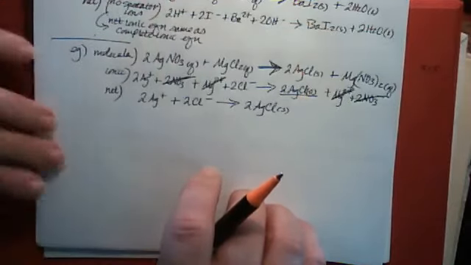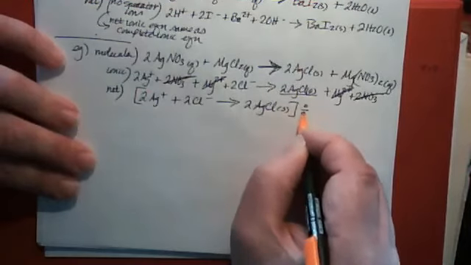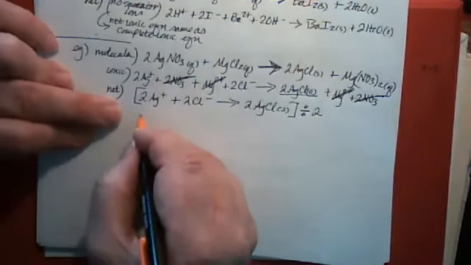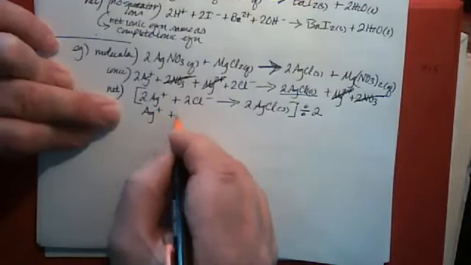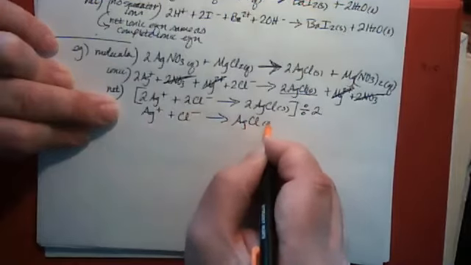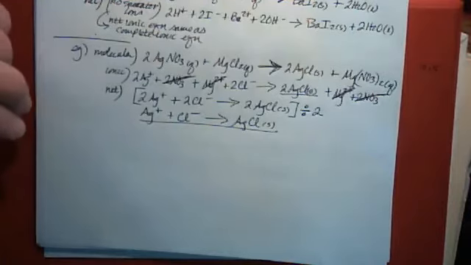Since all of these coefficients are divisible by 2, you would do that, and so your actual net ionic equation is Ag plus Cl minus yields AgCl solid. So that is the actual net ionic equation.